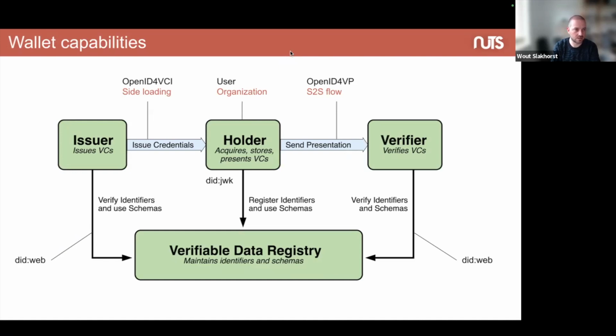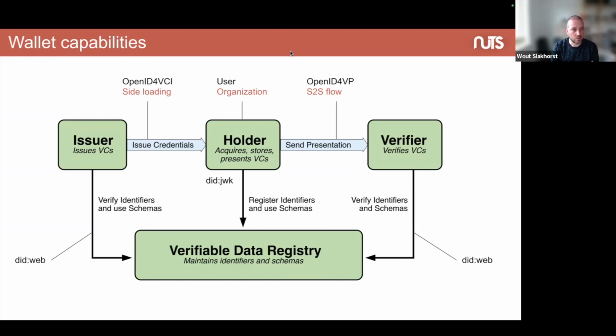OpenID for VCI is currently in a pull request, but hopefully in a few weeks it will also be in the master branch, so then it's also supported. Both OpenID for VCI and OpenID for VP want a user present. So these protocols mainly go through the browser or are developed with a user and a user wallet in mind.